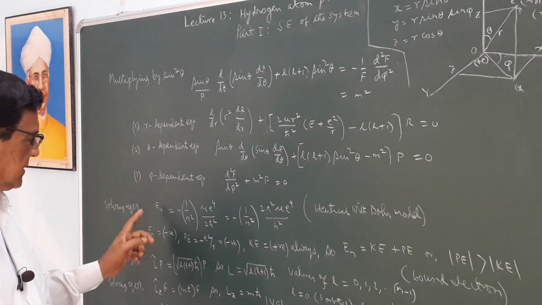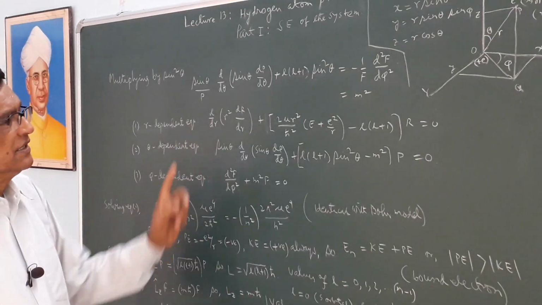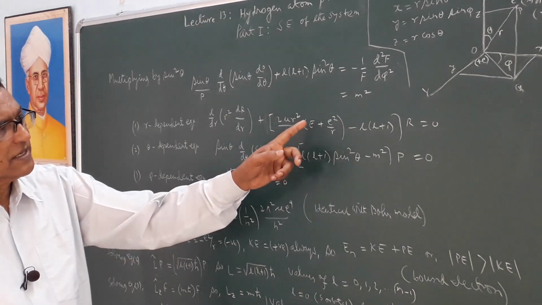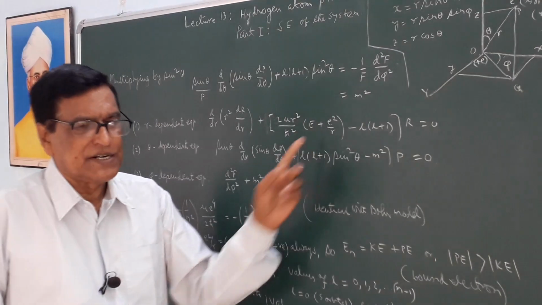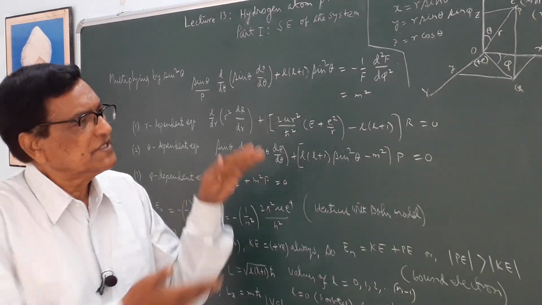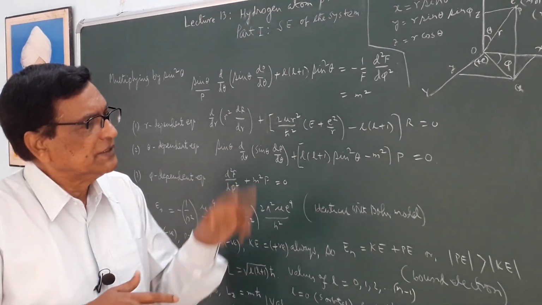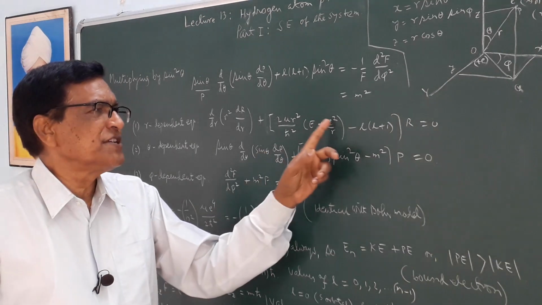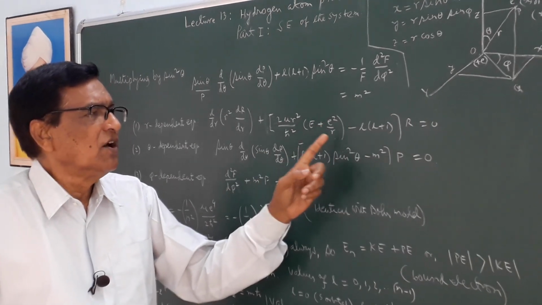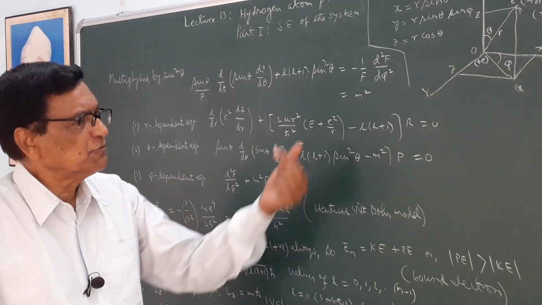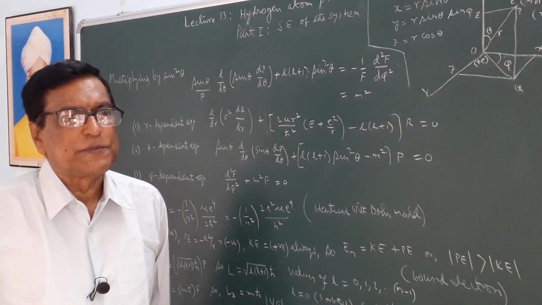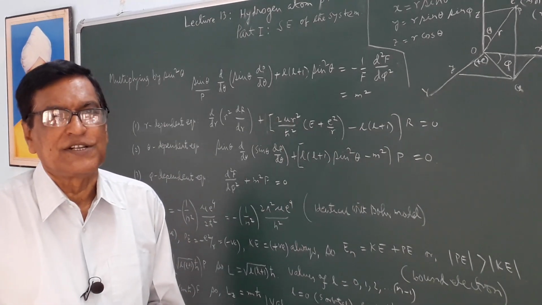Whenever equation 1 is solved, note that it contains the total energy E, and this one is the potential energy. This separation is possible only because the potential energy depends only on r, the radial distance, and this potential energy we call the spherically symmetrical potential energy.